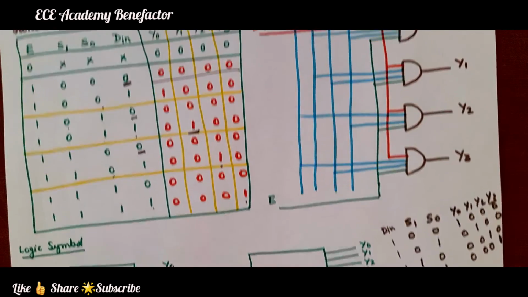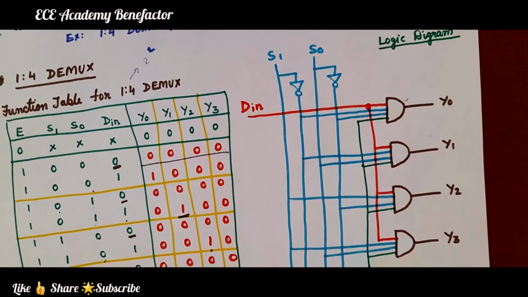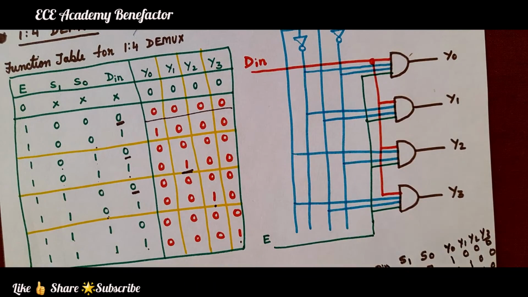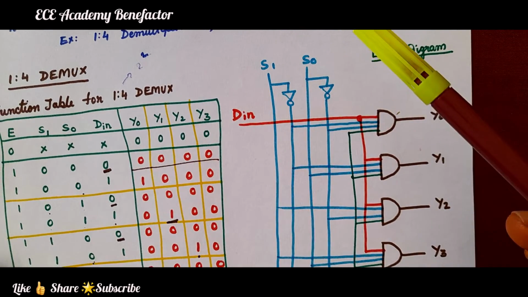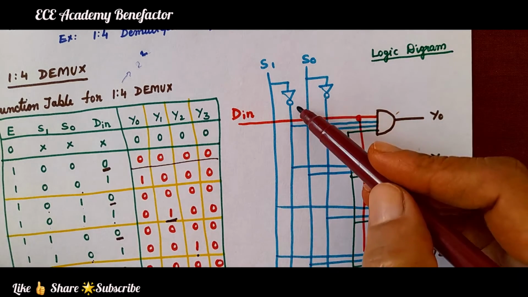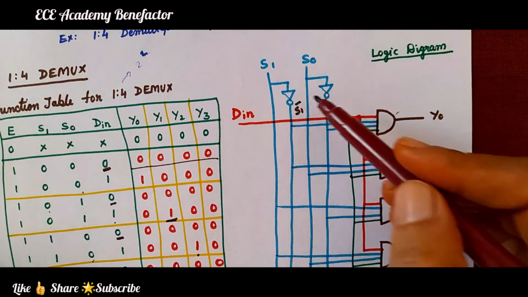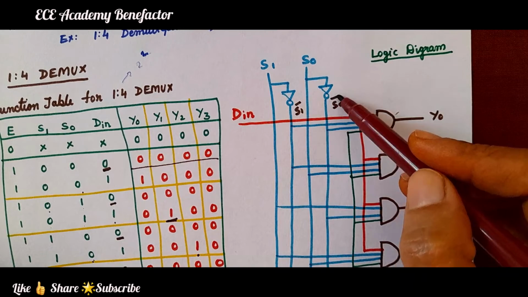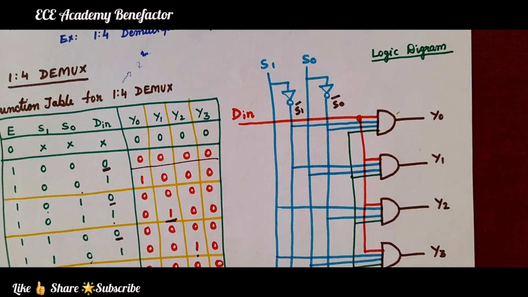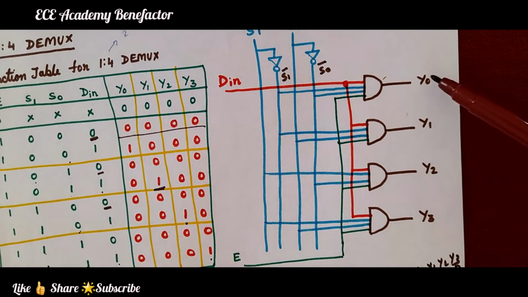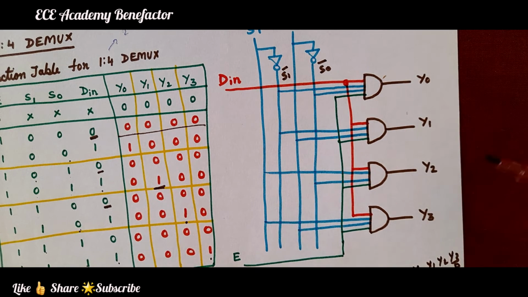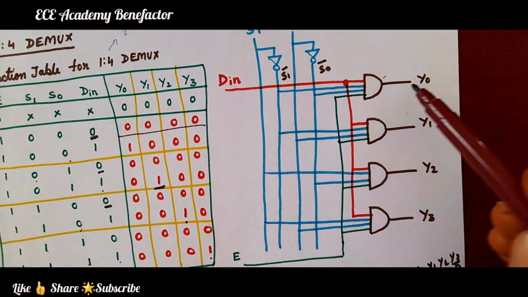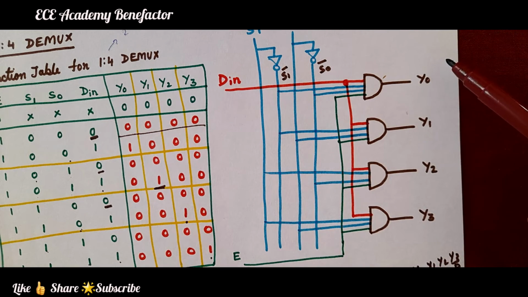Now let us see the logic diagram. We are having the selection lines S1 and S0. This will give S1 bar and it will give S0 bar. So we are having 4 outputs: Y0, Y1, Y2, Y3. We want to get Y0 high and the remaining 3 to be 0.